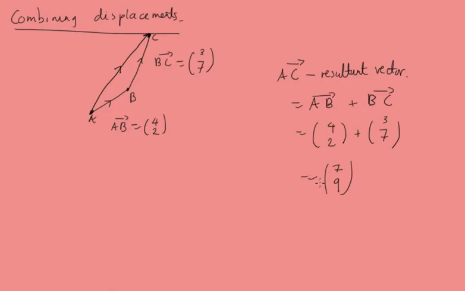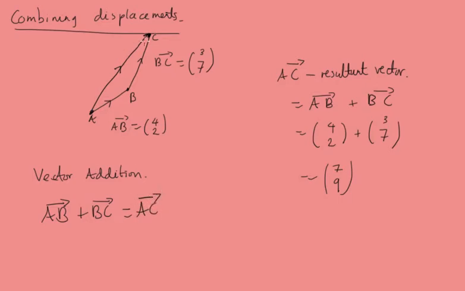So in vector addition, say we have points A, B and C, the vector AB plus BC is equal to AC.